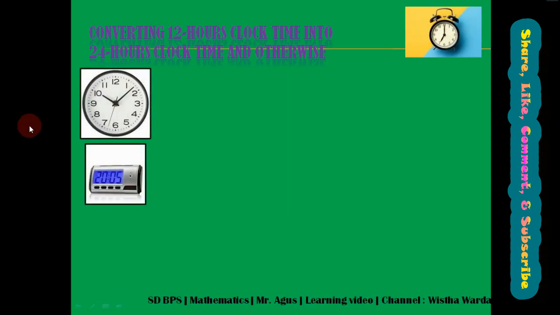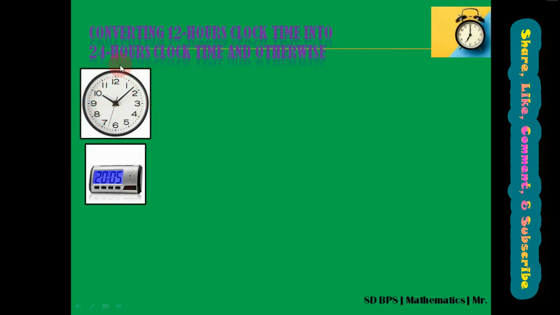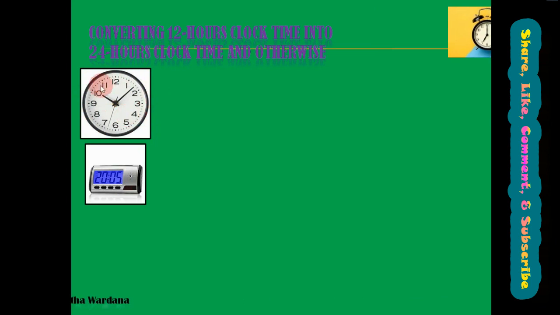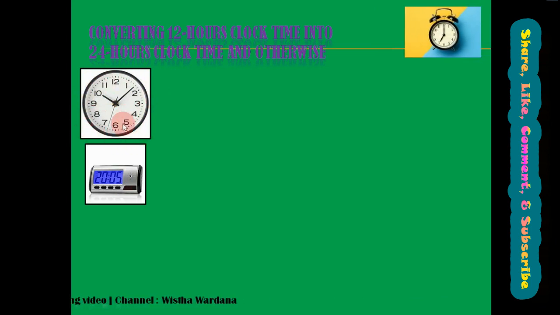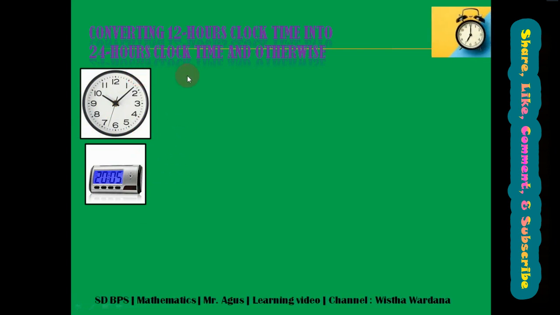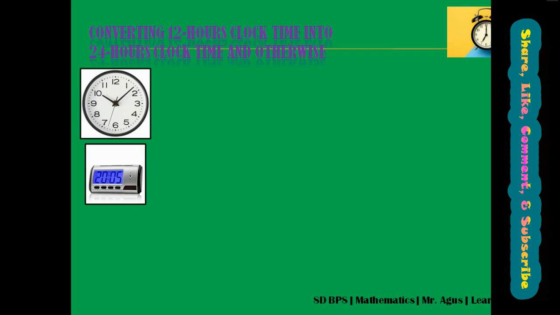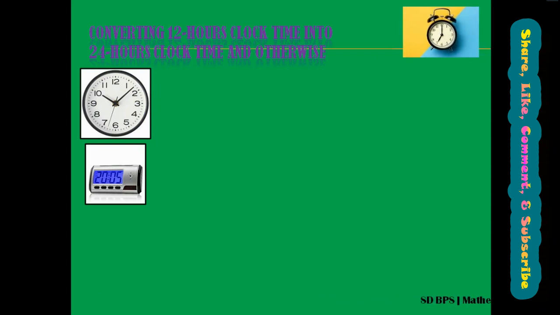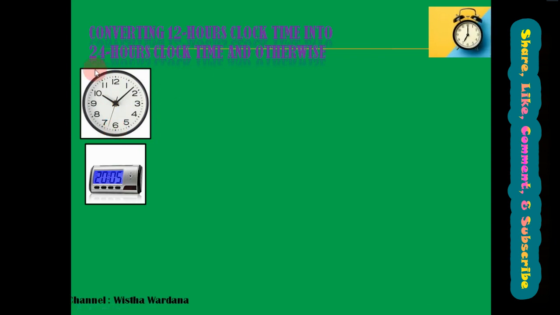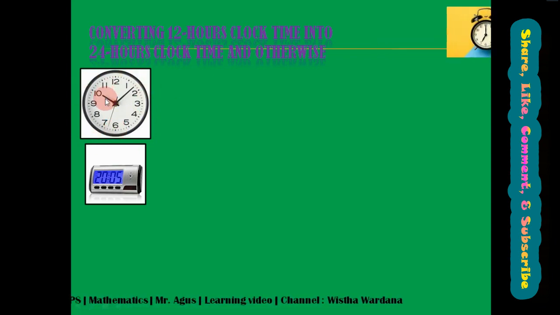So, like I told you before, in an analog clock, you will get 12-hour clock time, and in the digital clock, you will get 24-hour clock time. And if we have a problem that asks you to change the time in 12-hour clock time into 24-hour clock time or the other way around, what do you do?